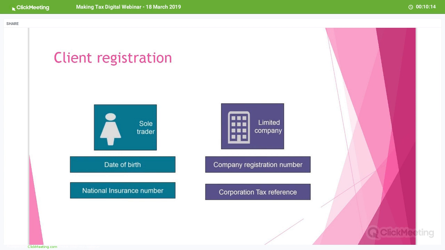In addition to the basic information, they will also need their date of birth or national insurance number if they're a sole trader, or if they're a limited company, company registration or corporation tax reference number. So the important thing is to ensure that the client's got the information to hand that they need when registering.